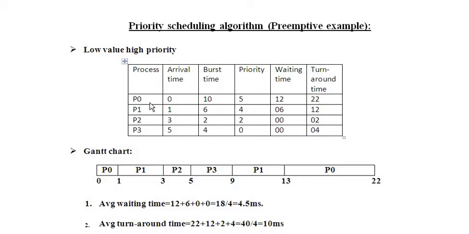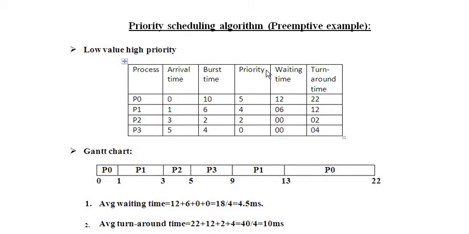Let us see how exactly the priority scheduling algorithm in preemptive cases works. So here we can see there are 4 processes, P0, P1, P2, P3. Their arrival times are 0, 1, 3 and 5 milliseconds, and their burst times are 10 milliseconds for P0, 6 milliseconds for P1, 2 milliseconds for P2 and 4 milliseconds for P3.